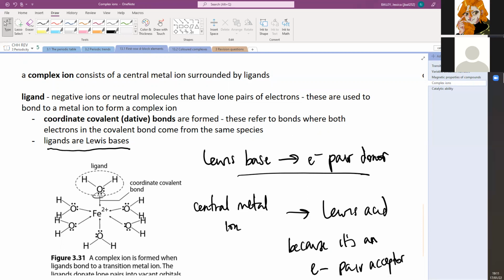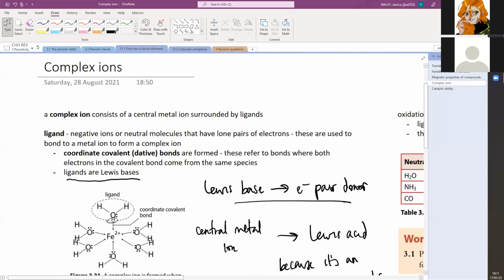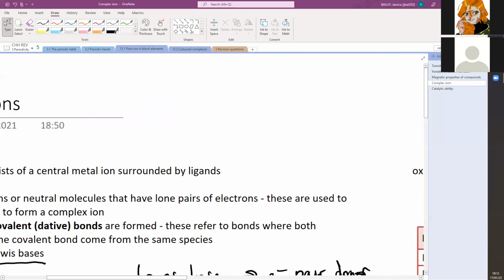You can call it whichever one of those you want to. And so dative bonds aren't exclusively applied to bonds between ligands and central metal ions. They refer to any bond where both of the electrons come from the same species. By species, it just means atom or element or something. So one of the examples of that is, can I come up with an example?